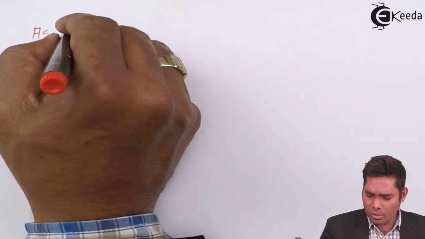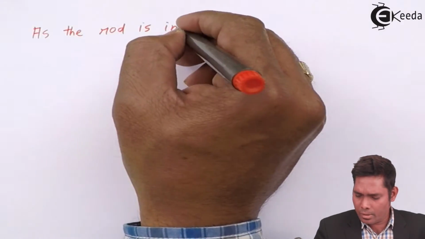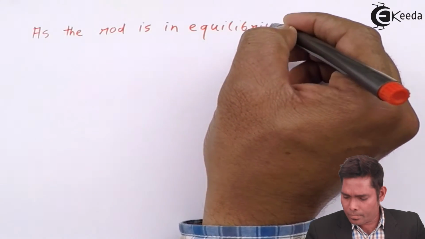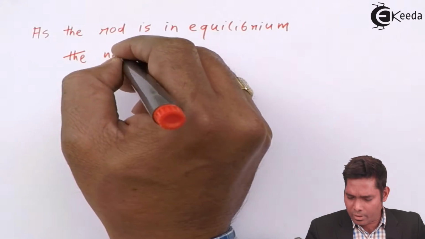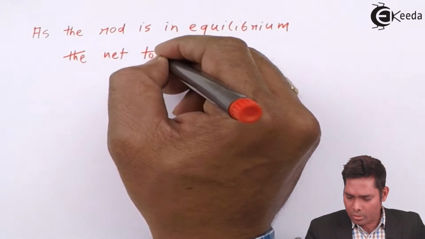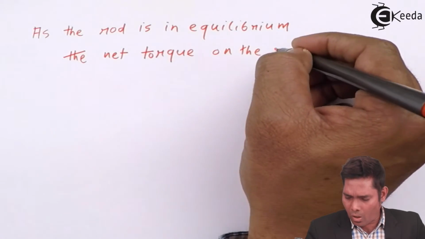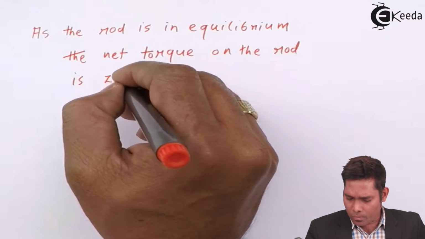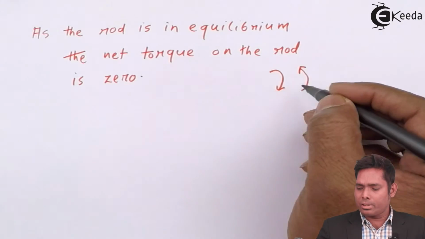As the rod is in equilibrium, the net torque on the rod is 0. The clockwise and the anti-clockwise torques will balance each other out.